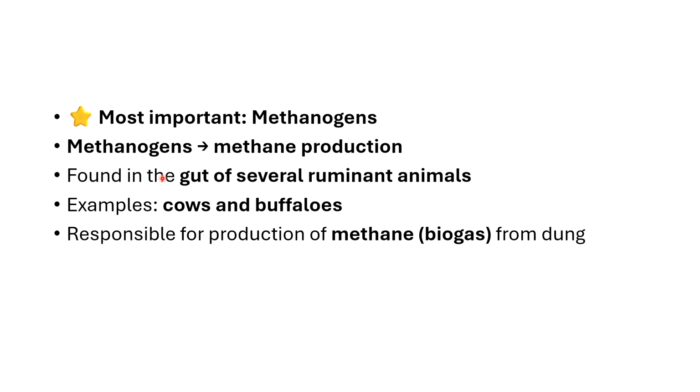Okay, these methanogens are responsible for production of methane. So when we keep the cow dung, we get the biogas from them because the methane is produced with the help of the methanogens. So methanogens help in the biogas formation from the cow dung. Very important from exam perspective.